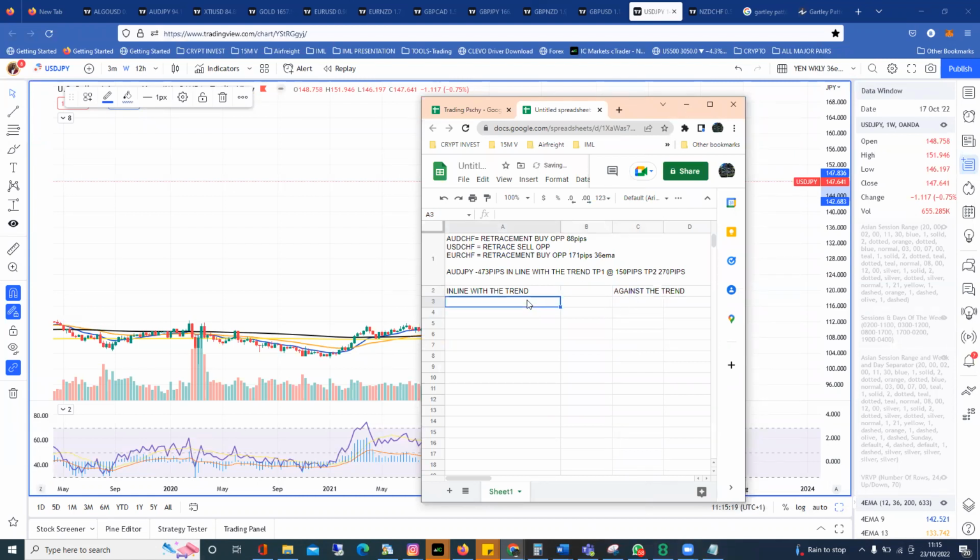We want to say currency pair and potential pips. And the same thing applies to this one as well.